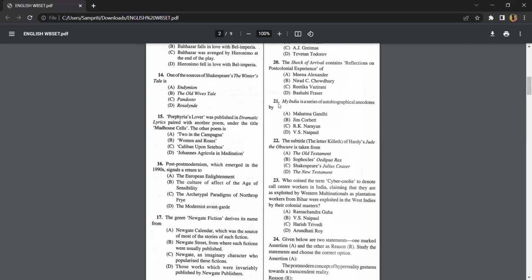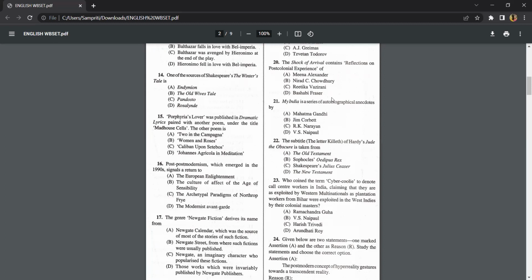21. Oh my god, this question came in UGC NET recently, the last UGC NET, 2022. My India was there, a matching question, I guess, if I'm right.